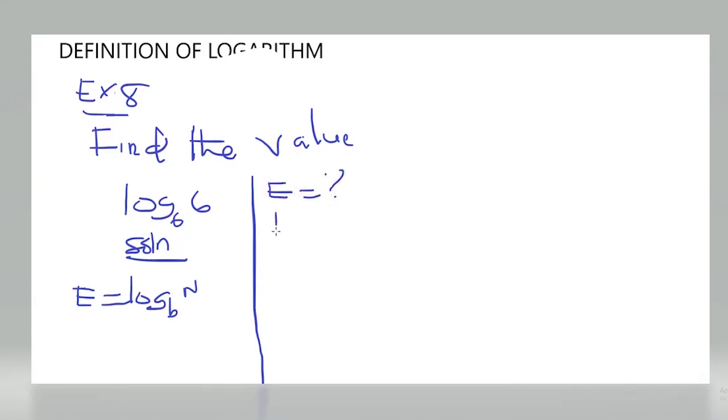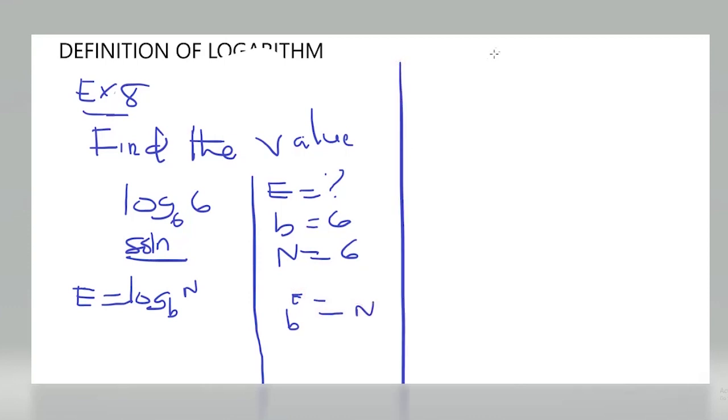We have a base of 6 and a number of 6. A base power exponent is always equal to a number. So our base is 6, power exponent, which we don't know and are looking for, is equal to the number which is 6.